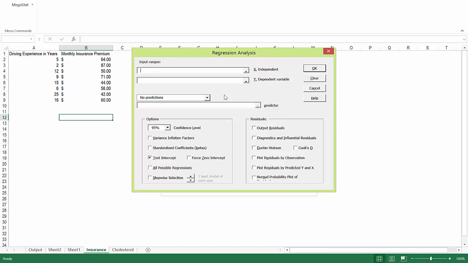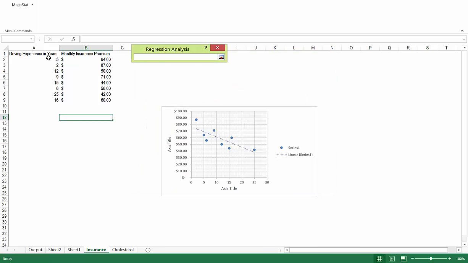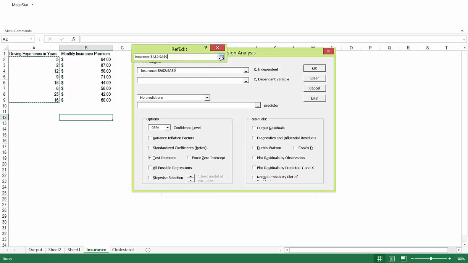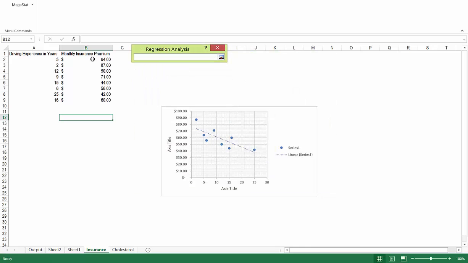My independent variable is my driving experience in years. So here I'm going to highlight the years of experience. Okay. For my dependent variable, because the premium depends upon the years of experience, I'm going to highlight the monthly insurance premium.